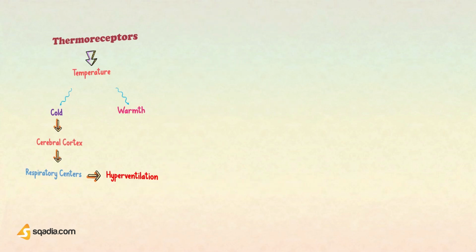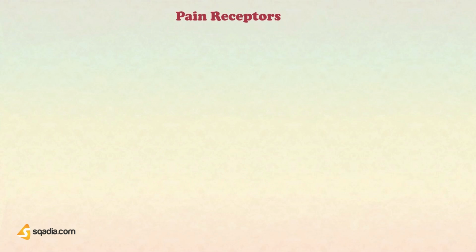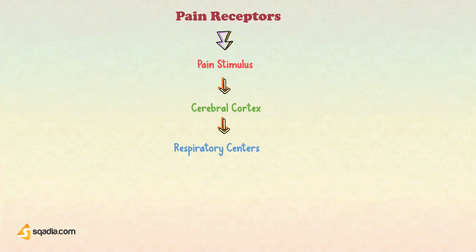Now, lastly, another type of impulses are impulses from pain receptors. Well, pain receptors are those which give response to pain stimulus. Whenever pain receptors are stimulated, the impulses are sent to cerebral cortex via somatic afferent nerves.